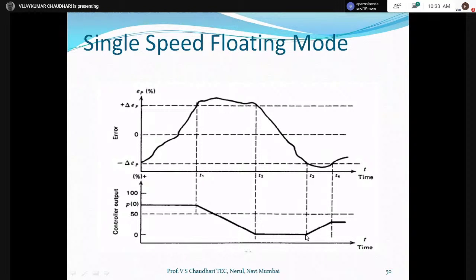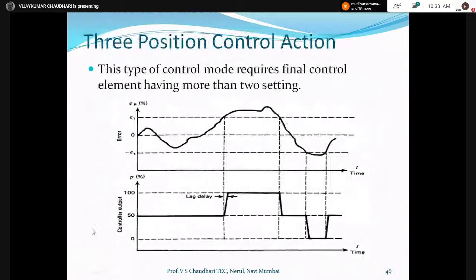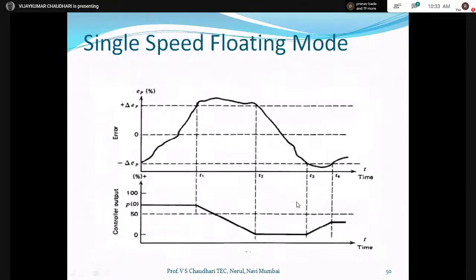In three position mode we have seen that when the error was within this band, the output was 50%. Again it enters, it is 50%. That we have set. Here, such predictable output will not be there, and that's why it is called floating.